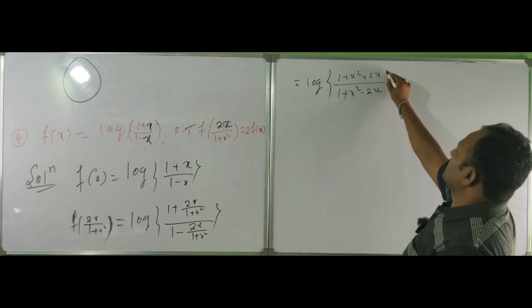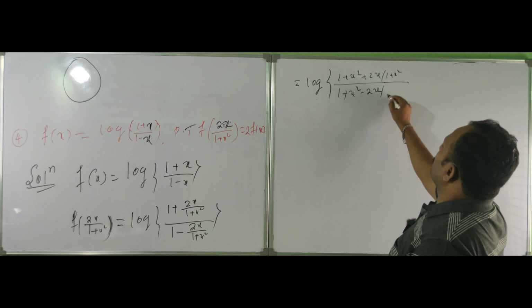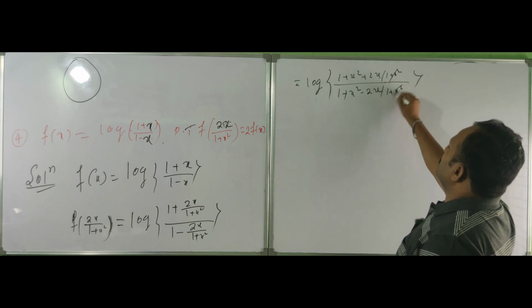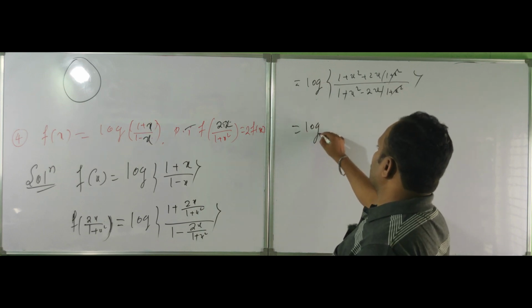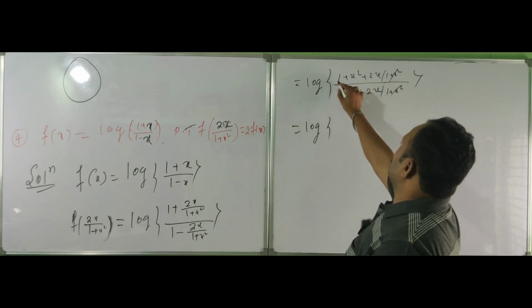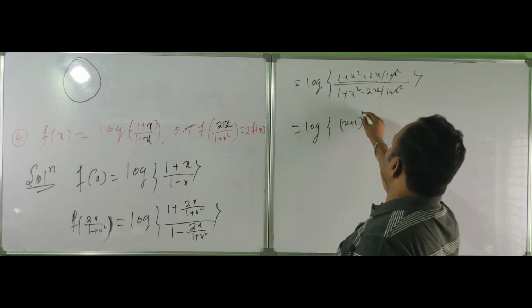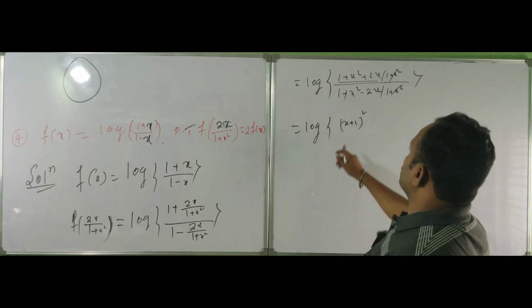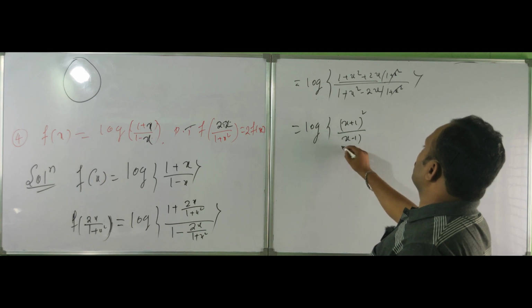You can also write 1 plus x square, 1 plus x square, and this gets cancelled. Remaining is log of, then this you can write x plus 1 whole square, and this you can write x minus 1 whole square.